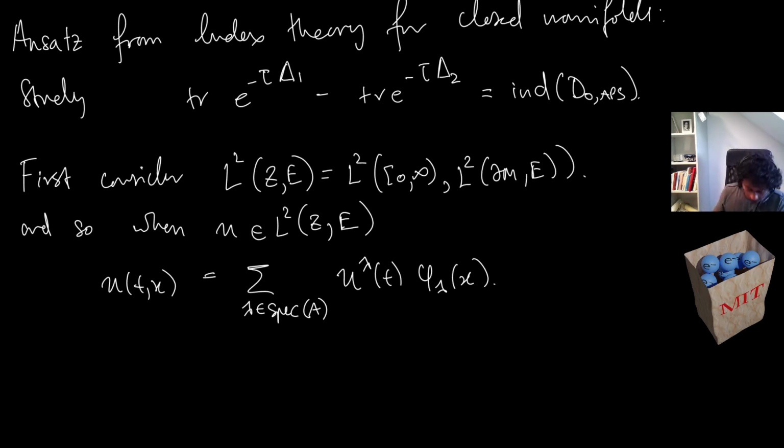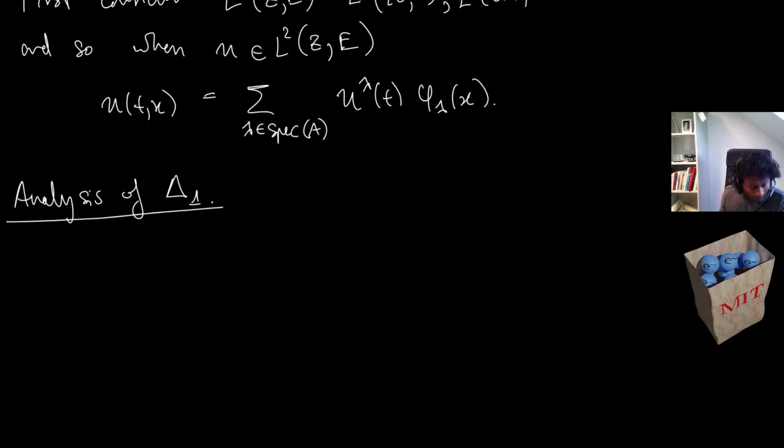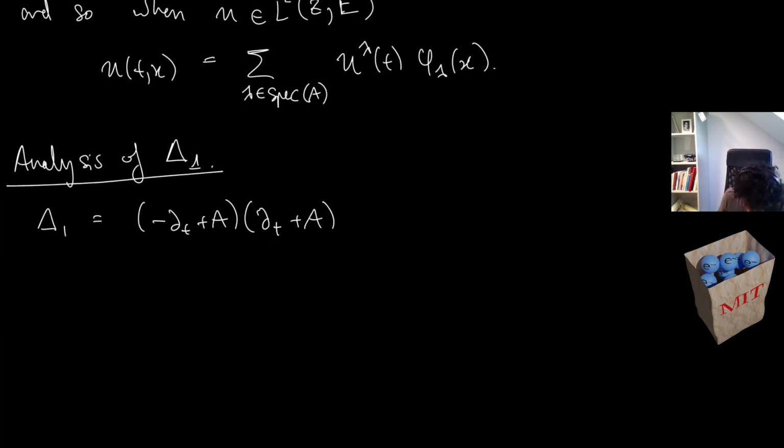All right. So now let's analyze the operator lambda 1, right? So analysis of lambda 1. So what is lambda 1? Lambda 1 is going to be equal to negative partial t plus a, partial t plus a, which is equal to negative partial t squared, partial t a plus a partial t plus a squared.